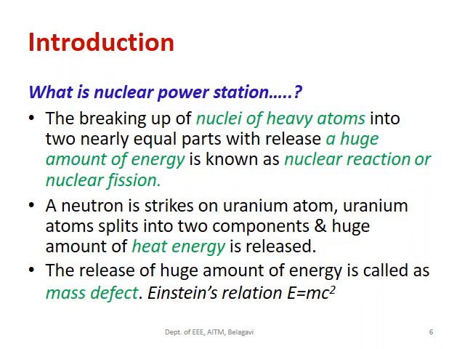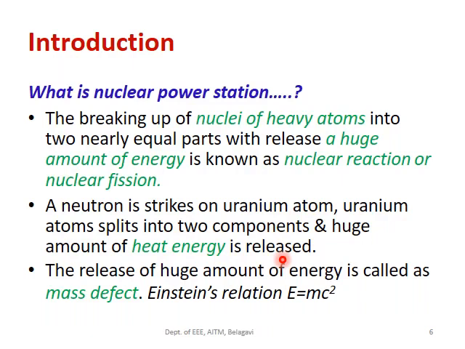The bombardment takes place in the nuclear reactor. Due to this bombardment, the uranium-235 or thorium-232 splits into two atoms. After splitting into two atoms, it releases a huge amount of energy, known as nuclear reaction or nuclear fission. The neutrons strike the uranium atom, the uranium atom splits into two components, and a huge amount of heat energy is released.